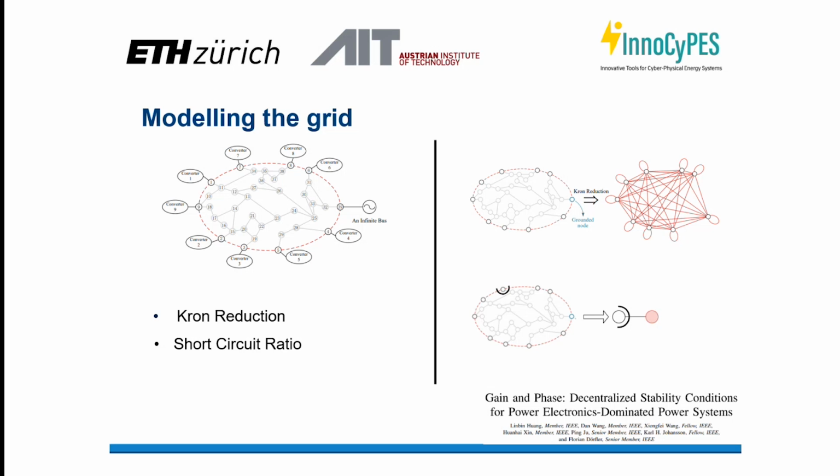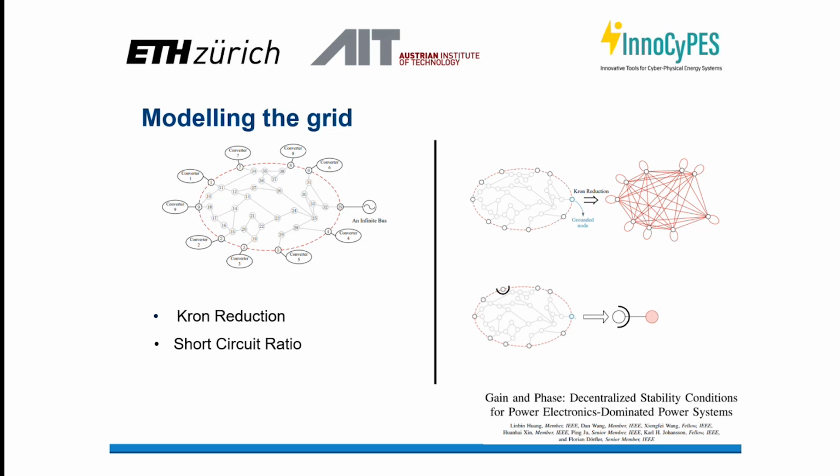And here we see the full system, and we basically transform the full system into another system with fewer nodes, only keeping the nodes in the frontier, let's put it like this, and eliminating the interior nodes. Meanwhile, in the short circuit ratio, we are looking at the grid from the perspective of any individual converter in the system.